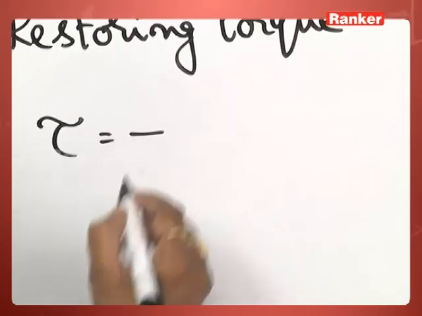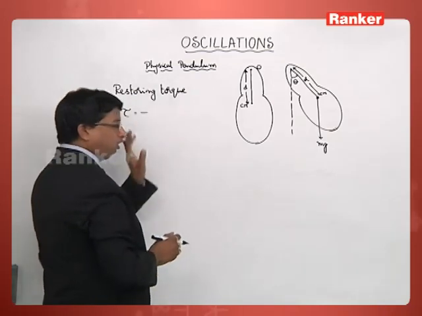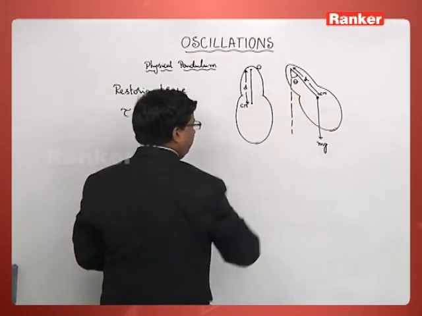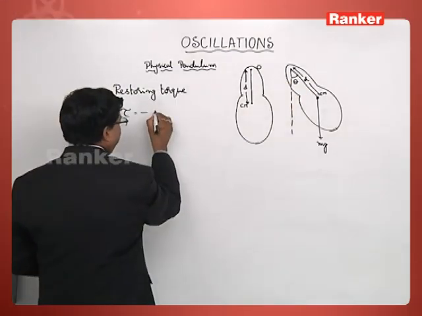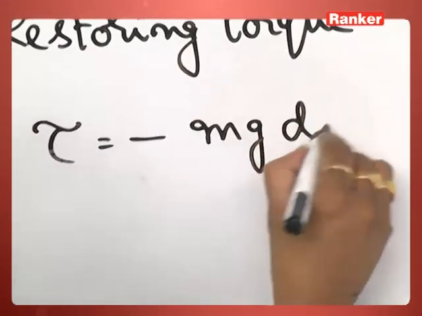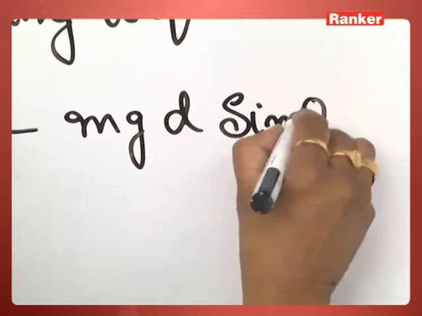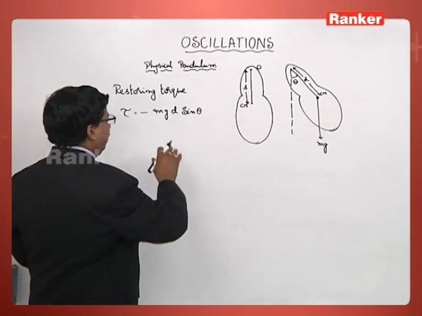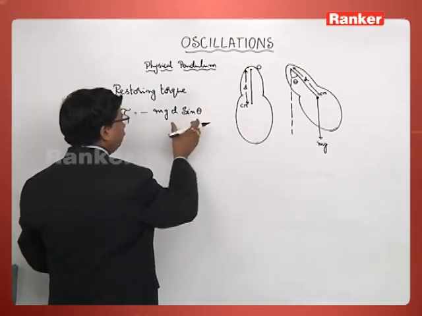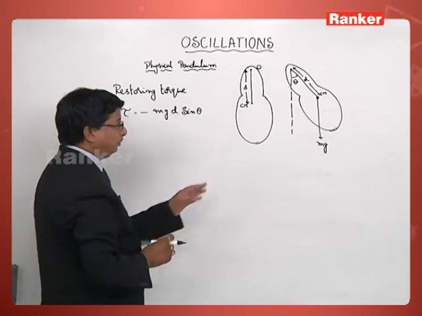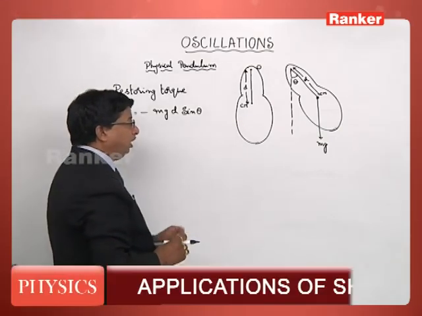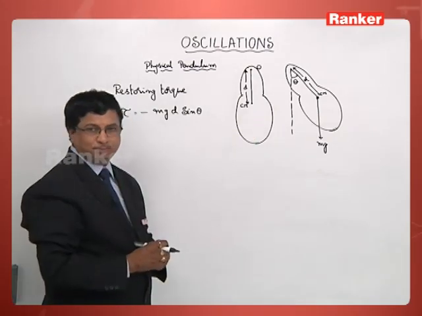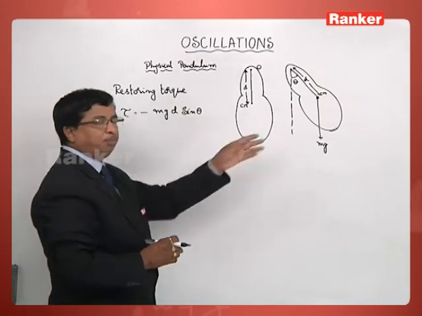Restoring torque, being opposite in direction, we can directly take a negative sign there. And mg sin theta is the force and the perpendicular distance being d, I can write directly mgd sin theta. That is the concept. mg sin theta is the force responsible for bringing this back to normalcy, and d is the perpendicular distance.